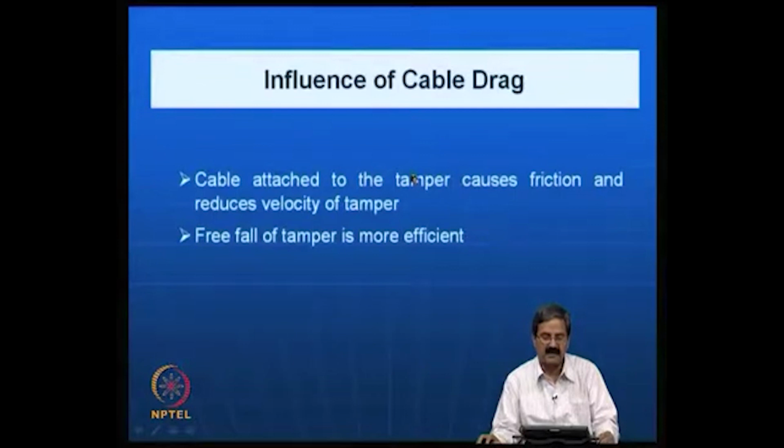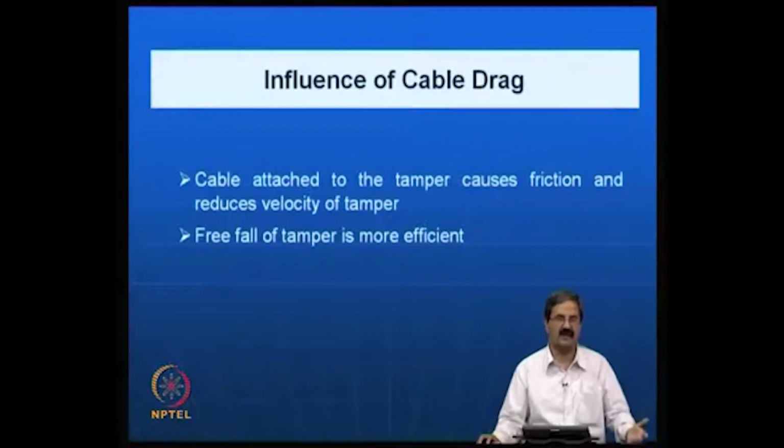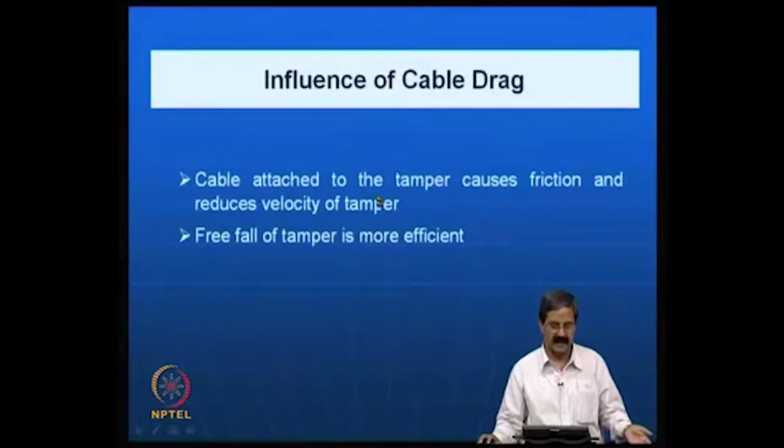What is the influence of cable drag? The cable attached to the tamper, like you have seen in the photos, causes friction and reduces the velocity of the tamper. It is supposed to be a free fall, similar to an SPT test. If it is not falling freely, then the total energy into the system may not be fully realized.